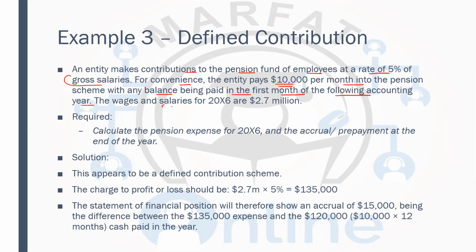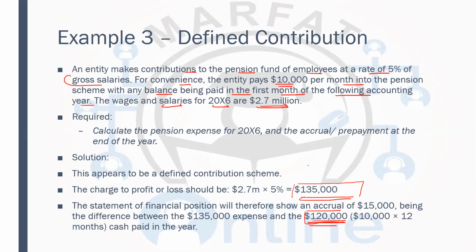The wages and salaries for 20x6 are 2.7 million. So 2.7 million multiplied by 5% gives you 1,35,000. Now the entity pays 10,000 per month into the plan. So how much they have paid? They have already paid 1,20,000.